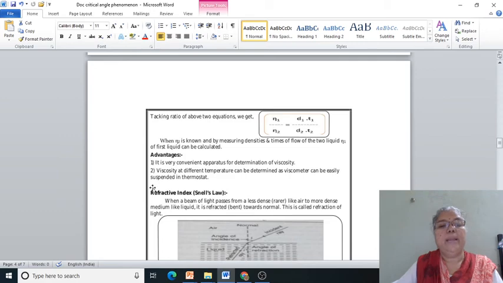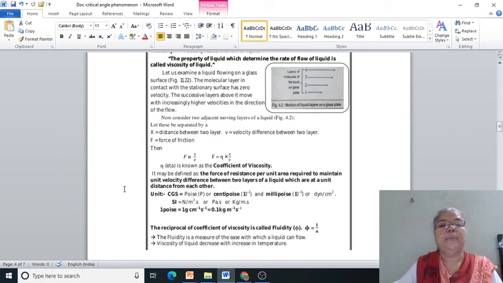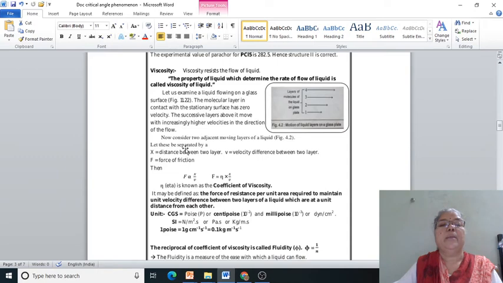Here, once again I will repeat the property, that is the viscosity. After studying the surface tension physical property, what the surface tension is, how it arises, that means the phenomenon behind surface tension, you know the unbalanced forces at the surface of a liquid give rise to a physical property, and that physical property is the surface tension.